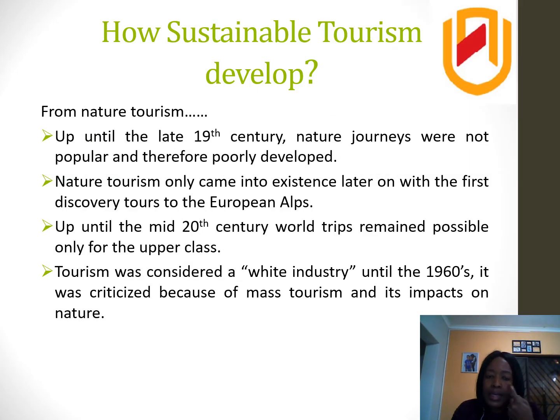What we're saying is that sustainable tourism moved from ecotourism, which focused just on natural tourism, to a bigger picture, and they were focusing on much bigger matters than just the natural ecological part of tourism areas.